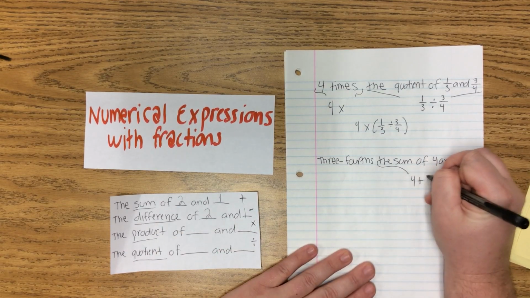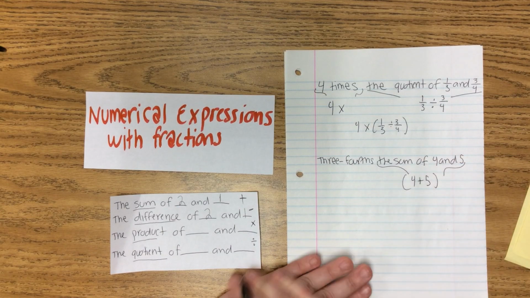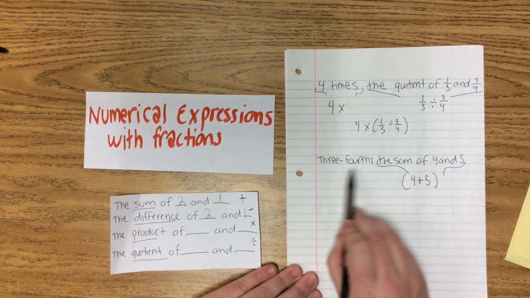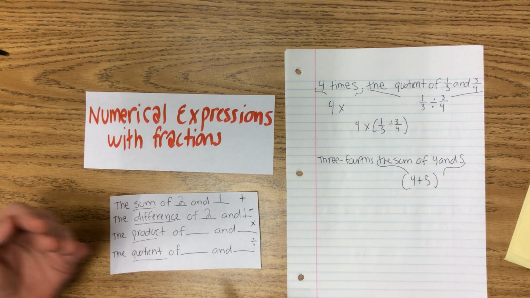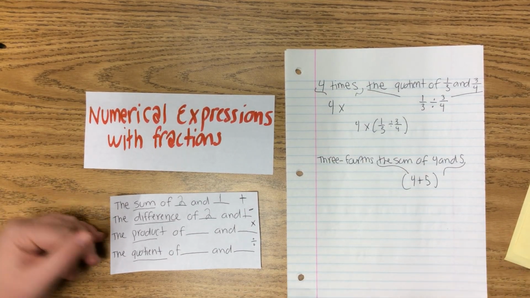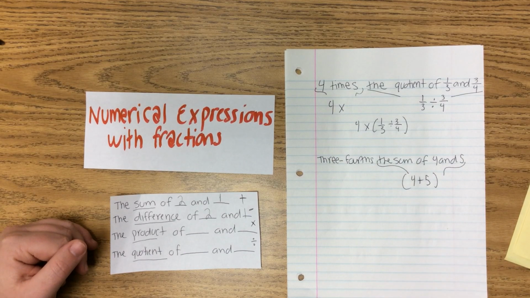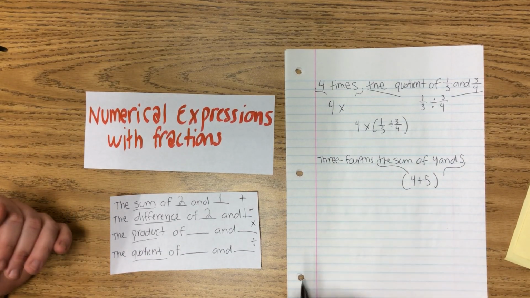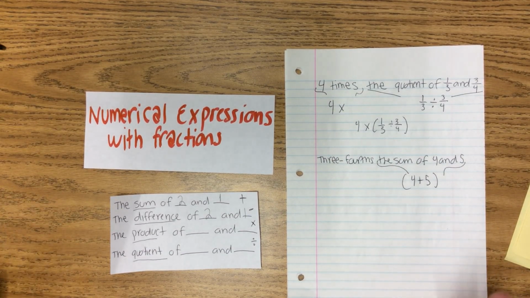So I'm going to go 4 plus 5. That leaves me with this floating 3/4 here. And they don't give me any other operation. They don't give me a times. They don't give me another product of, or a difference, or a doubled, or anything. They just give me this 3/4. So you're going to have to do some inferring based off the information that they give you.